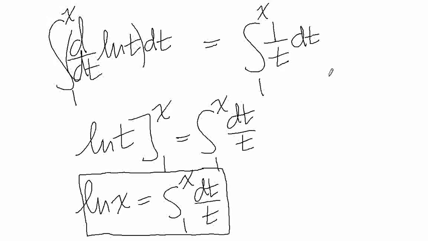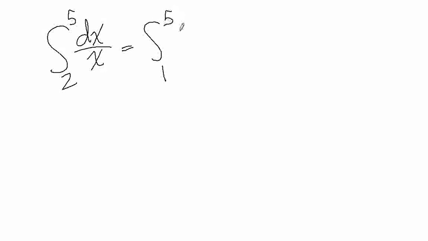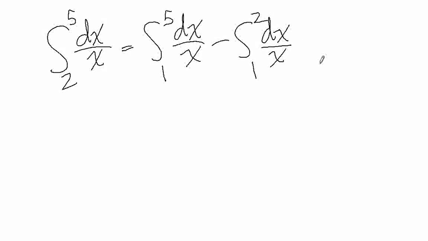So let me now use this formula in a few examples. Suppose we wanted to find the definite integral from 2 to 5 of 1 over x with respect to x. Okay? So that's equal to the integral from 1 to 5 minus the integral from 1 to 2 of 1 over x, okay, with respect to x.